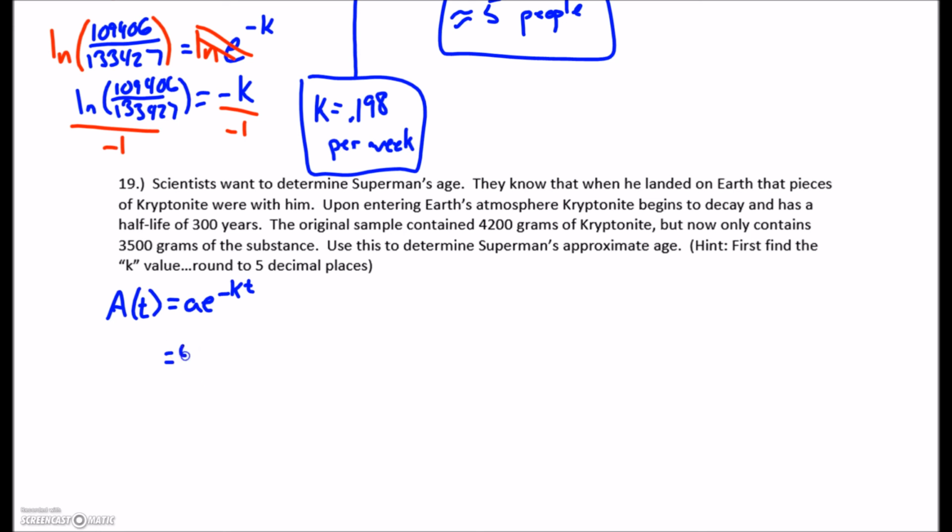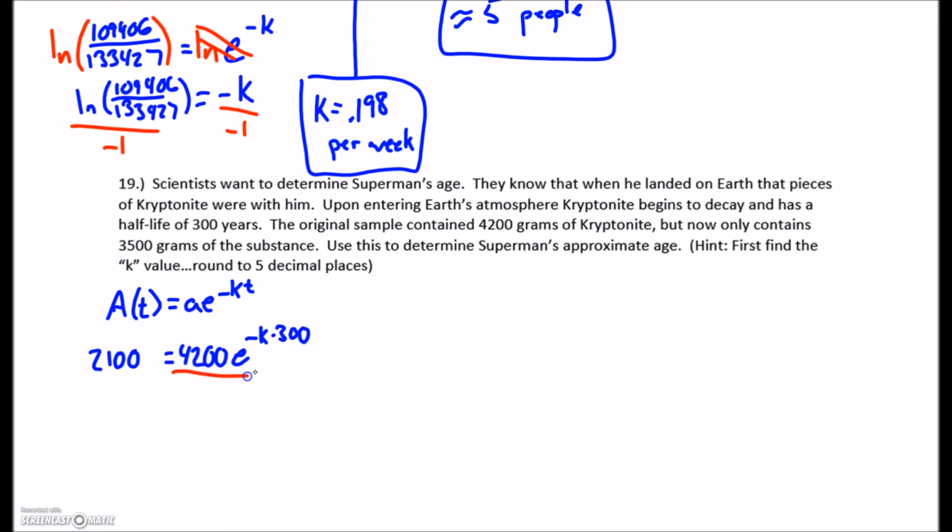The initial amount was the 4,200 grams, and k is the thing I want to convert. The half-life is 300 years, so if I use 300 for the time, the half-life is how long it takes to cut this thing in half. So after 300 years, instead of 4,200 grams, I'm going to have 2,100 grams. I'm going to have half as much.